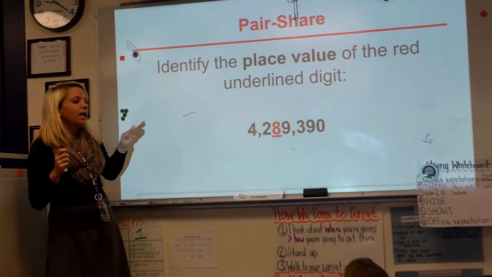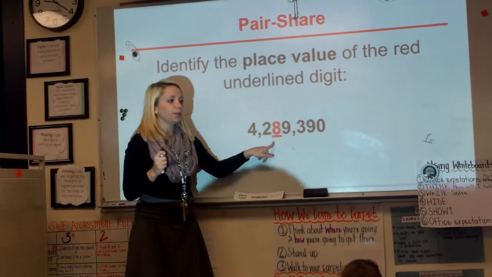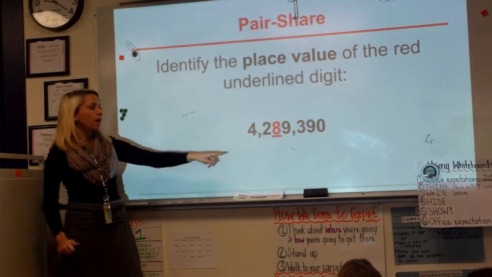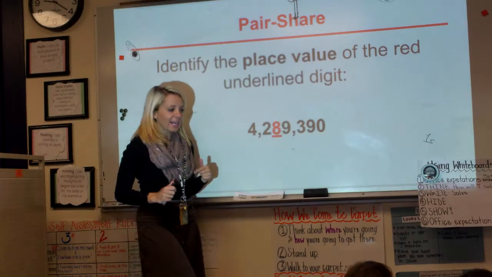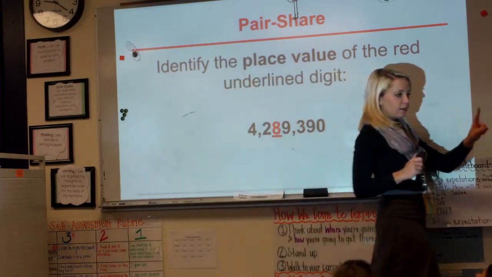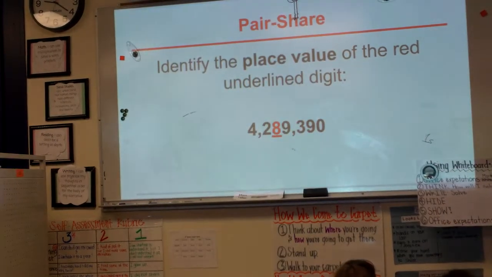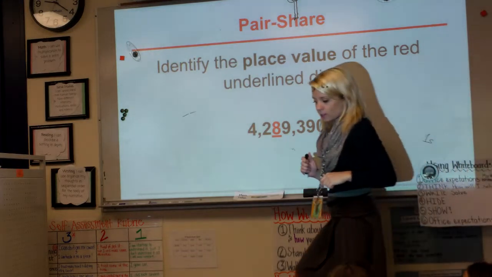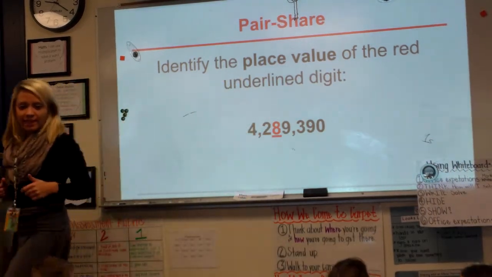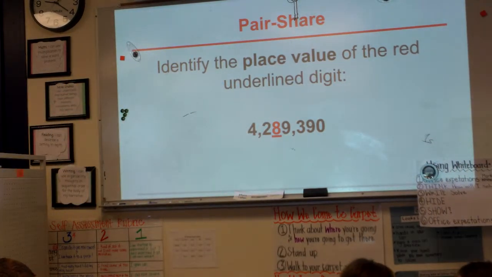On the count of 3, I want you to whisper all together what place value is that 8 in. 1, 2, 3. Great, thanks for that response. Let's go ahead and take a look at the next number.